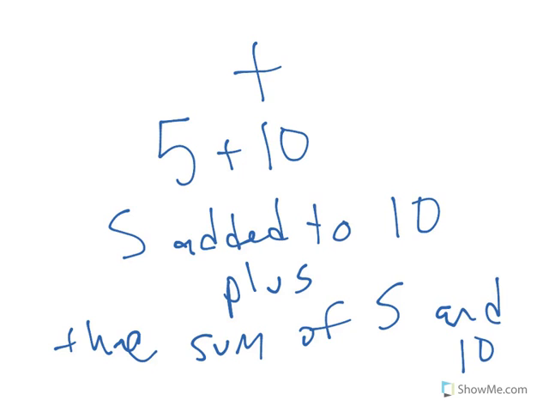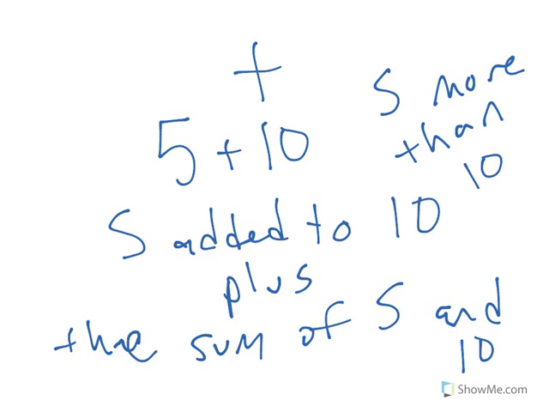Or we could say 5 more than 10. Those are all different ways that you can look at it. This is in your math book on page 59, if you would like to look at that now or tomorrow. So those are some different ways that we can say addition. We say added to, plus, the sum of, or more than. Those are just some ways that it says to do addition.